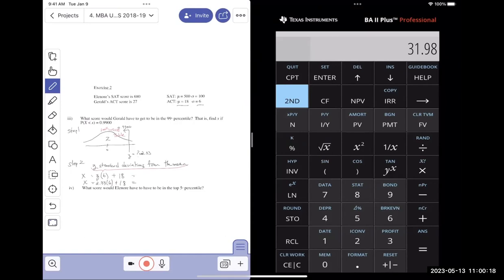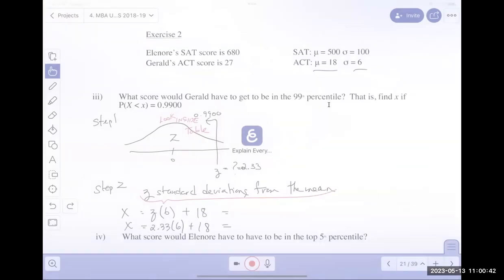Which is slightly higher than what we got in Excel, but that's because of the rounding, right? It's going to be slightly different. So when you work on my materials, you need to do things by hand to be able to get the same answers. Excel will give you slightly different answers because of the rounding issue.